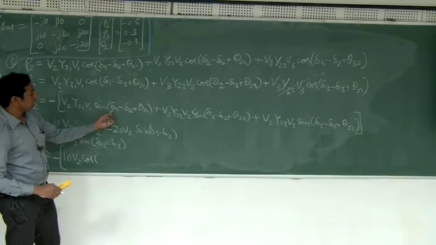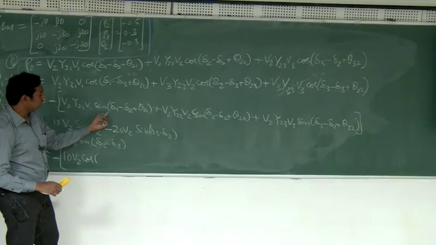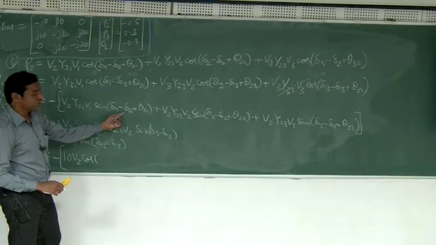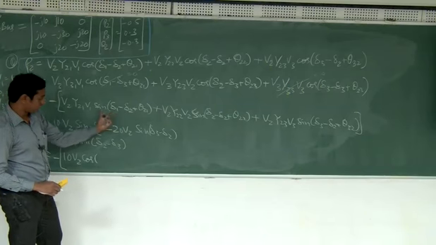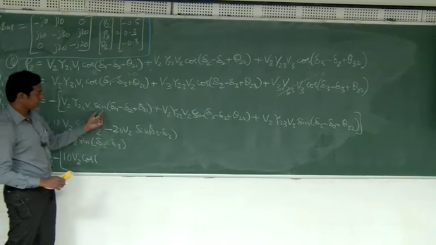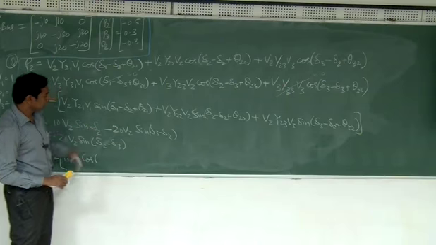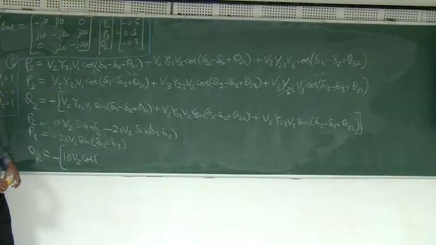Okay, this is anyway 0. So cos of minus delta 2, that will be delta 2 itself. Cos of delta 2 itself. Whereas there will be one minus sign. Plus theta.